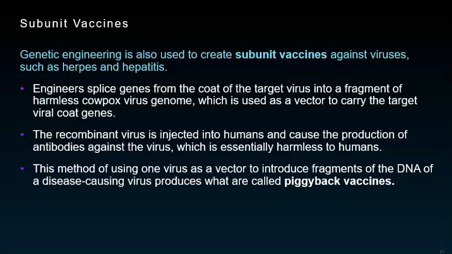It's just one piece, not the part that causes us harm, just the part that makes our immune system recognize it. And we're putting that into a harmless gene from a cowpox virus, and that's what makes it able to be inserted without causing harm.